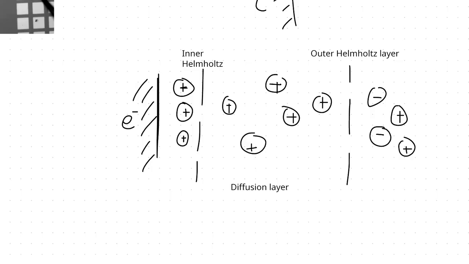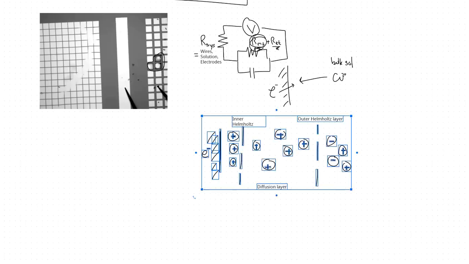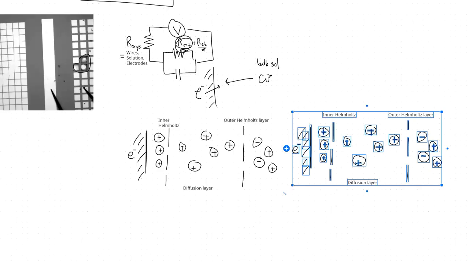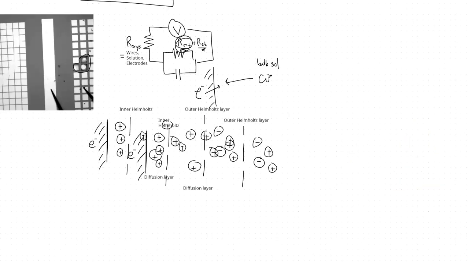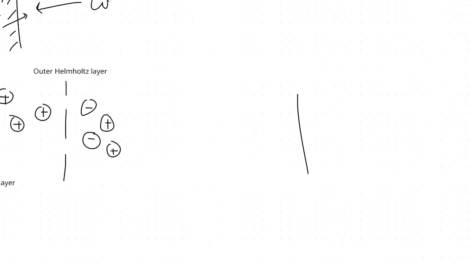The same thing can be thought about as occurring on the opposite side, where we have an anode, a positive electrode, with negative ions, maybe the sulfate ions, attracted to it.